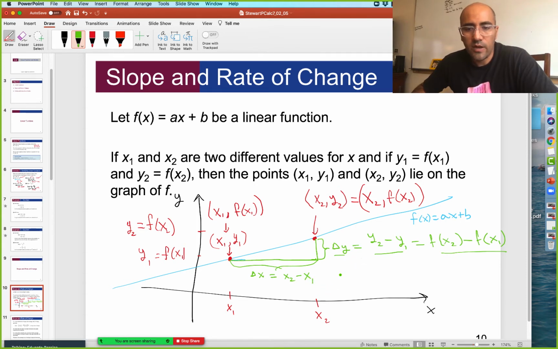Good, so the slope is rise over run. So the slope equals rise over run, which is equal to delta y over delta x.